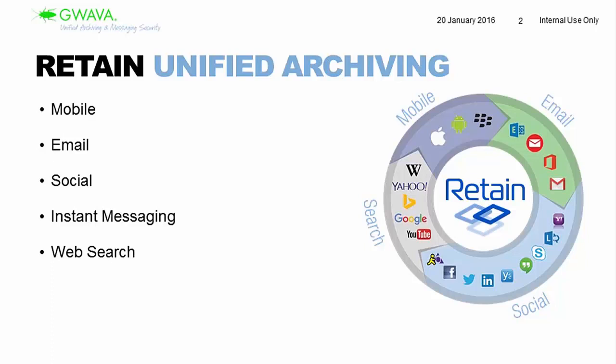Then in a few months, you start implementing an instant messaging solution. If you're using email archiving today, you can expand Retain to archive instant messaging down the road. It's that idea that you have an investment in an archiving solution that can grow with you as your company and your needs grow.